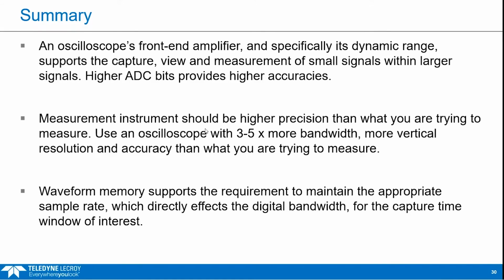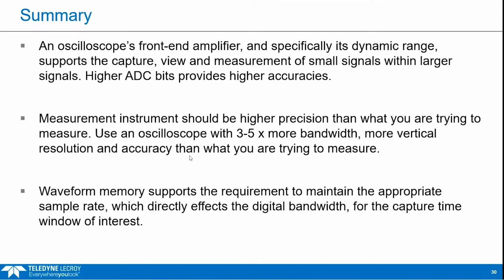So use a scope with the right bandwidth. Remember the 3 to 5 times more bandwidth rule if you're focused on amplitudes. That's important. We'll think about more vertical resolution for looking at 0.5% DC gain accuracy. What is it that you're trying to measure? These all need to be thought about.